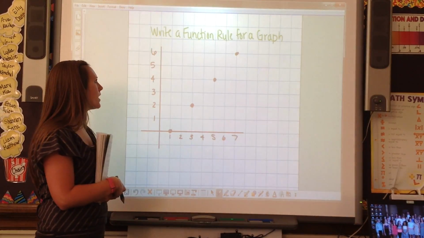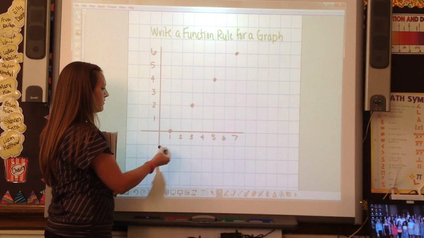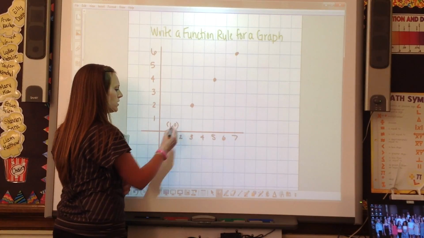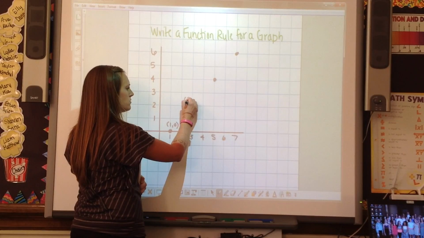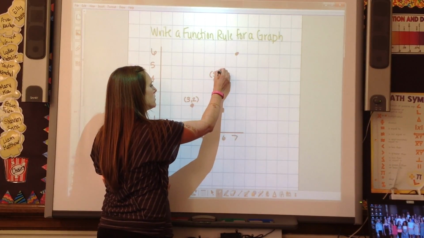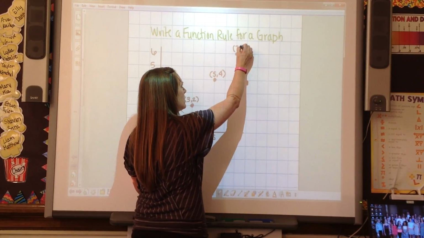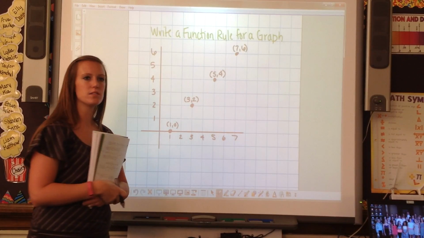So in your notes, go ahead and copy this graph down. You have an ordered pair at 1, 0, 3, 2, 5, 4, and 7, 6. So push pause if you need to.